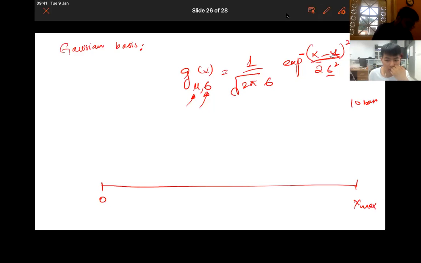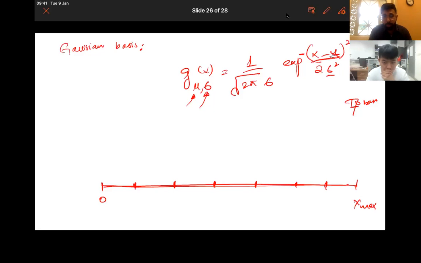So I linearly divide this space into 10 parts: 1, 2, 3, 4, 5, 6, 7. And then let's define one Gaussian at each of these centers. You can, of course, change the sigma, the standard deviation, as well, but we would assume that the standard deviation is constant. We are just changing the location of the Gaussian.